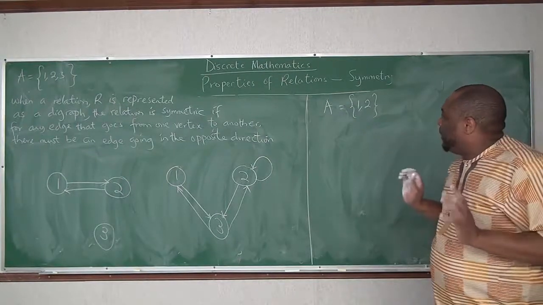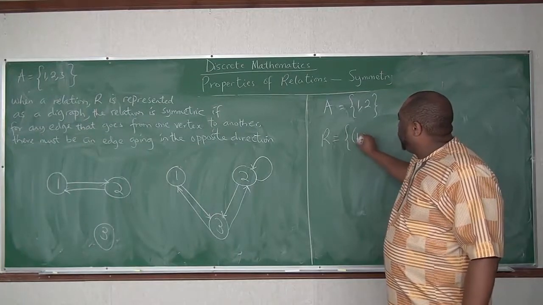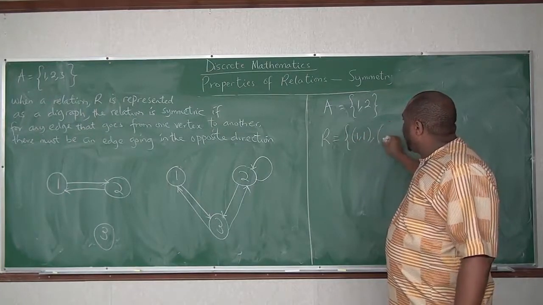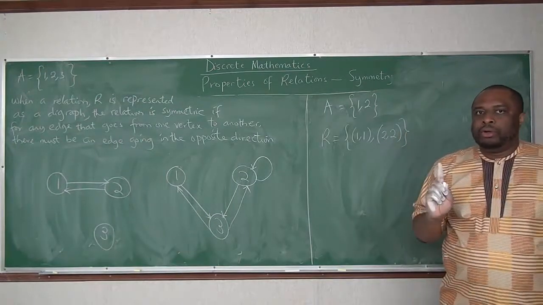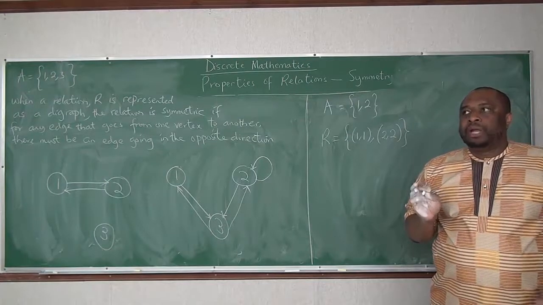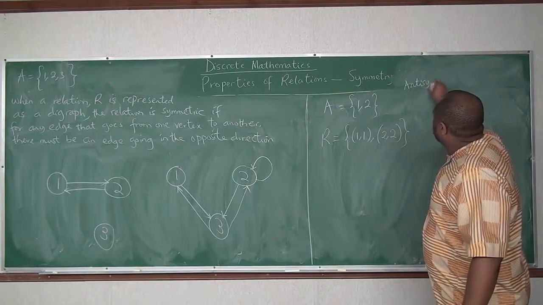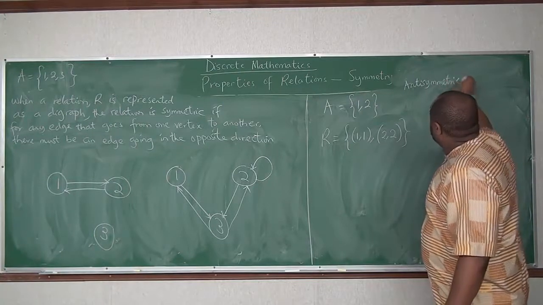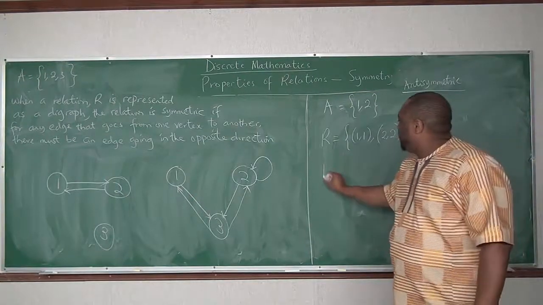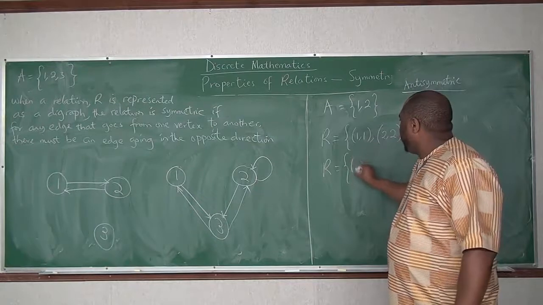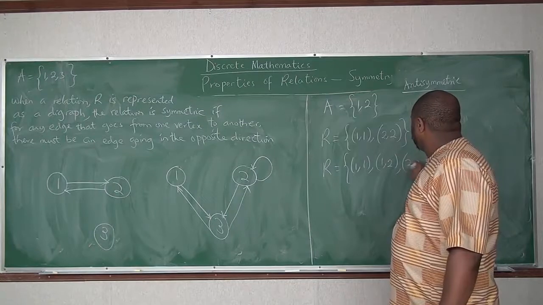With antisymmetric, remember, we can have 1, 1, and we can have 2, 2. We can also have 1, 1, 1, 2, and 2, 2.